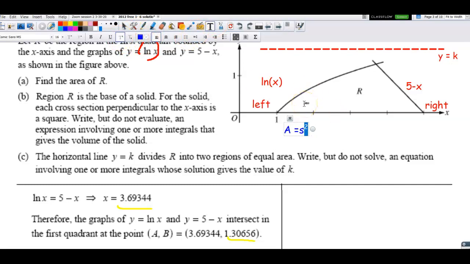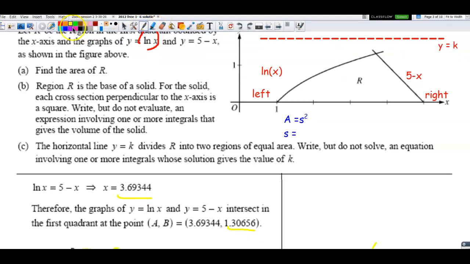All right, and then we need to know the length of a side. Okay, let me get out of the exponent mode. All right, so a side of the square, remember you're going to put a representative slice perpendicular to the x-axis, so it doesn't matter where it goes.